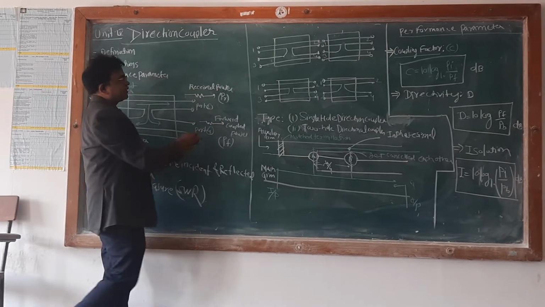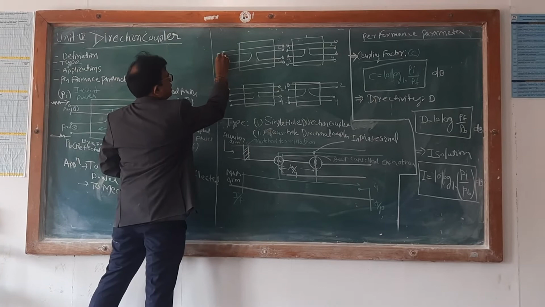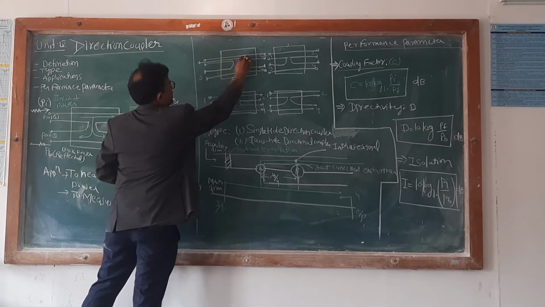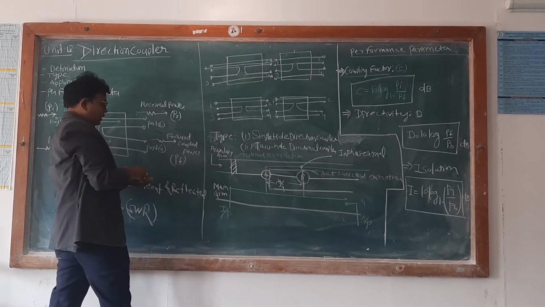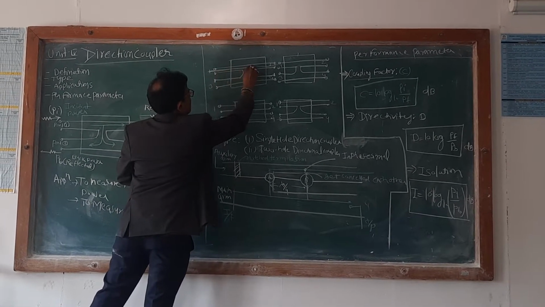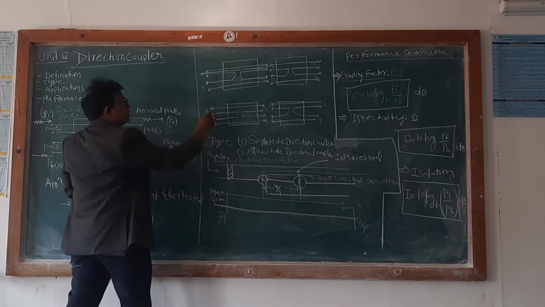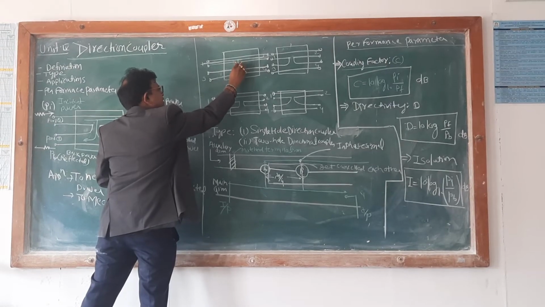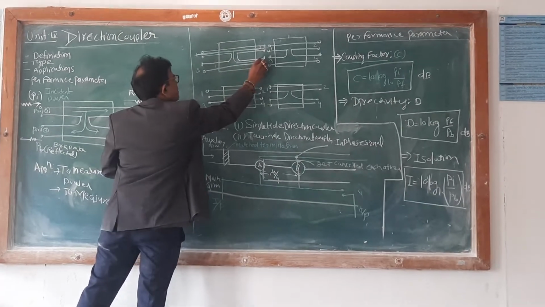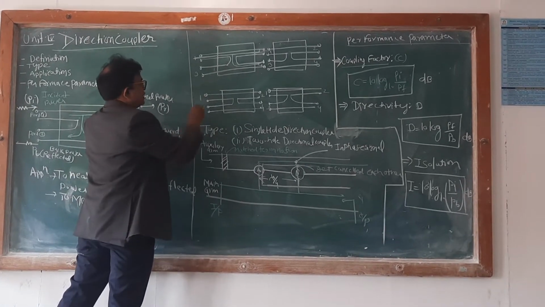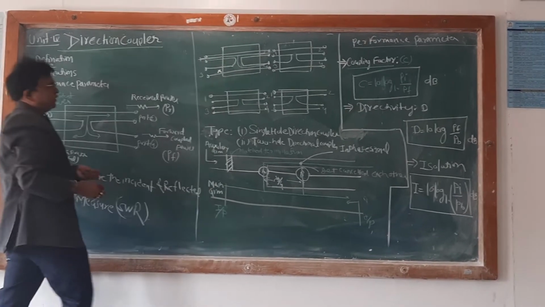For understanding the operation, we apply input power at port number 1, and it is received at port number 2. Because of this single hole, a small amount of power is coupled into port number 4, and nothing will come at port number 3.